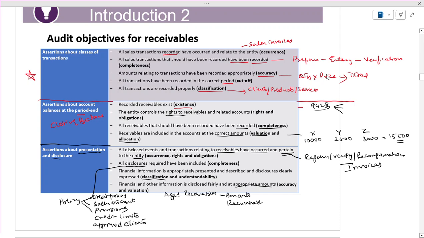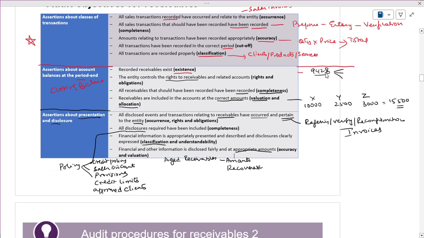The three things we are talking about are a simple, very easy scoring area. If they give receivables, they will ask something very simple. They will give some deficiencies in terms of credit policy, some deficiencies in terms of recoveries, some deficiency in terms of placing the orders.